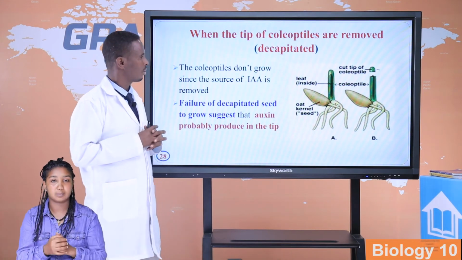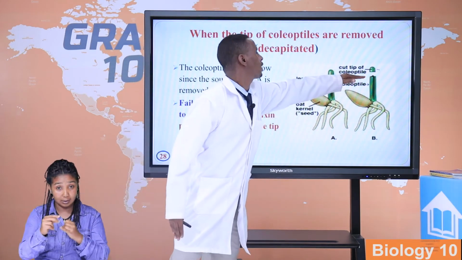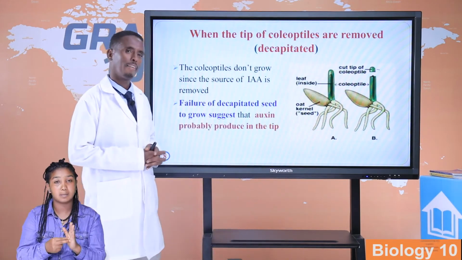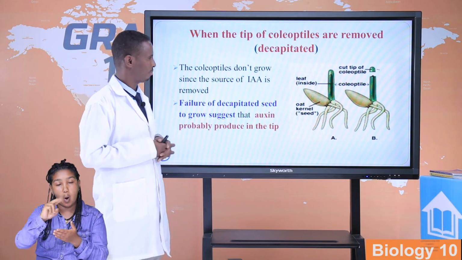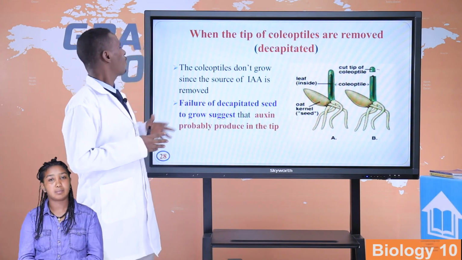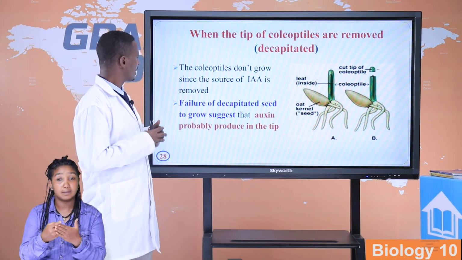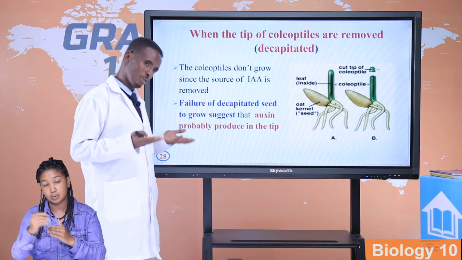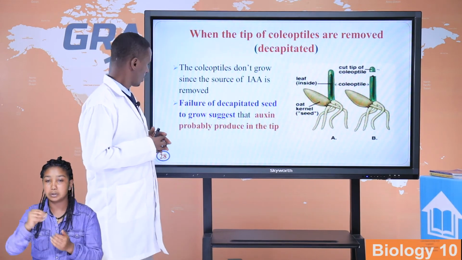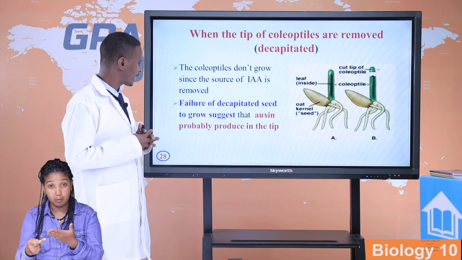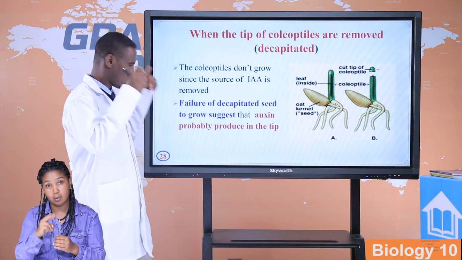When cutting off the tip, or decapitating, means removing the auxin. The coleoptile did not grow, since the source of indole acetic acid is removed. So failure of the decapitated coleoptile to grow suggests that auxin is probably produced on the tip of the plant.